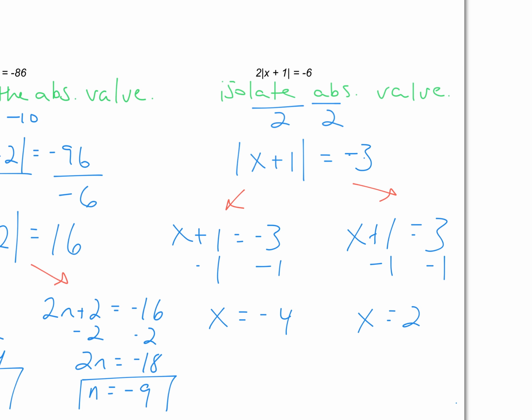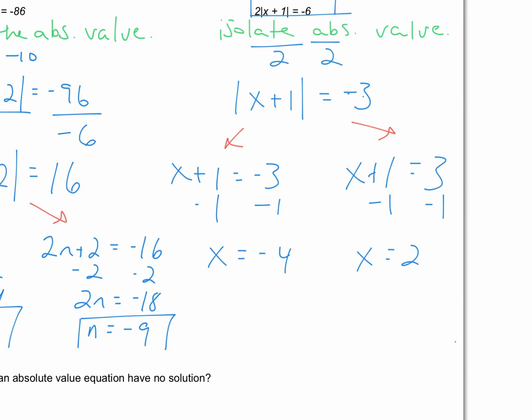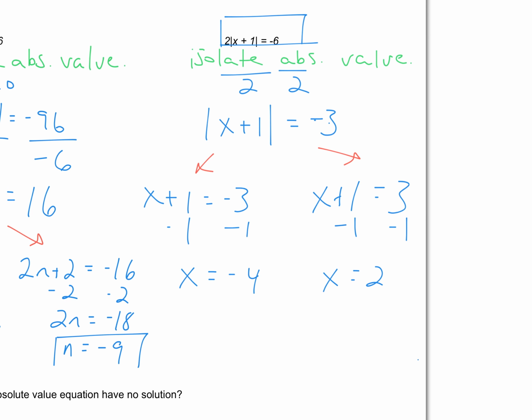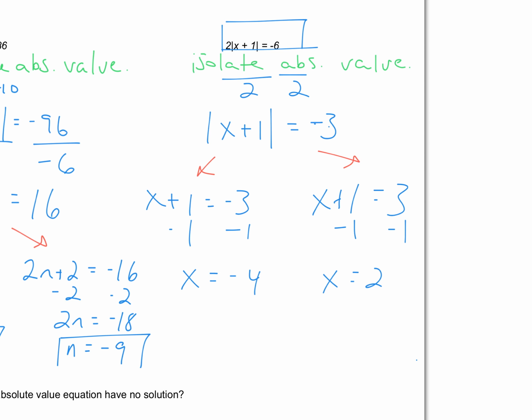And I'm going to go ahead and check these two values in the original equation up here. So let me pull down a bit so you can still see that equation. And let's plug in. So I'm checking my work. 2 times the absolute value of negative 4 plus 1.